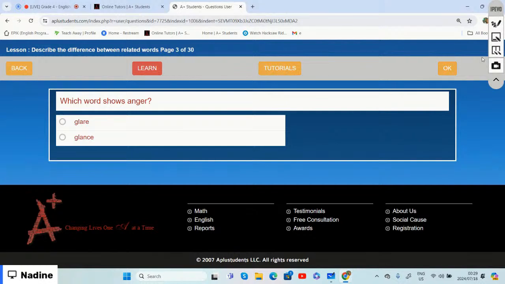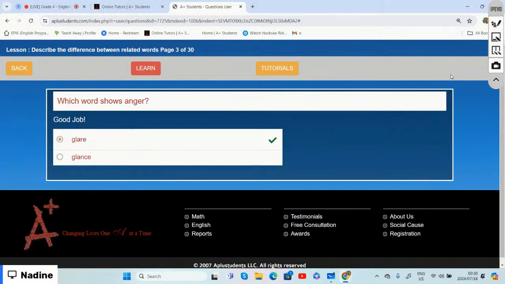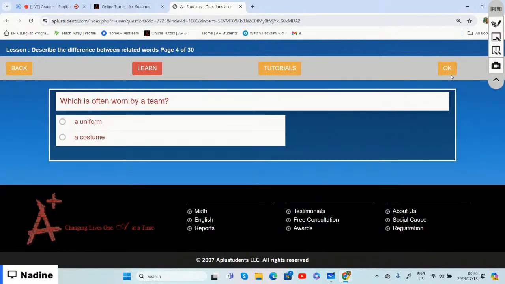All right, and if we were to choose the correct word that shows more anger, we will go with option one, because glare means that you are staring at something in an angry or fierce way, right? So well done.